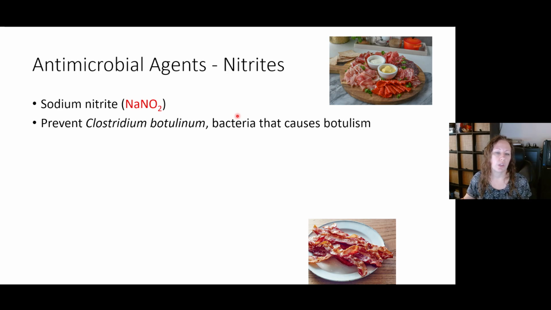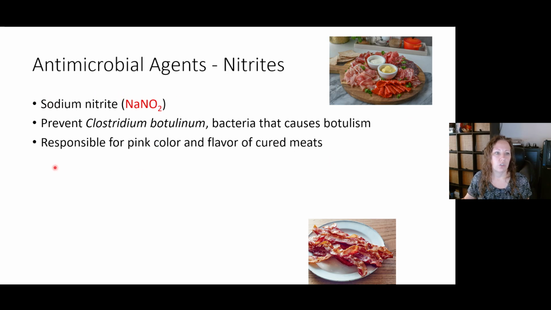And the reason that we use nitrites is to prevent Clostridium botulinum. It also prevents Clostridium perfringens, so I could say it just prevents Clostridia. But botulinum in particular is the bacteria that causes botulism. And unfortunately, this can be a big deal in meat if not controlled for.